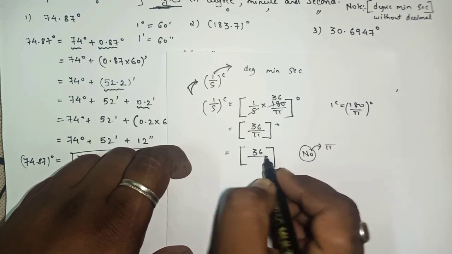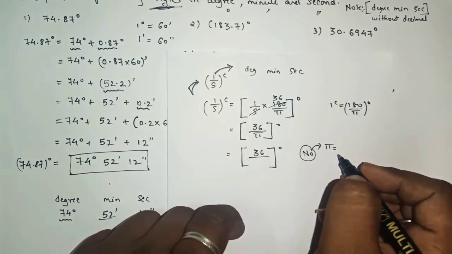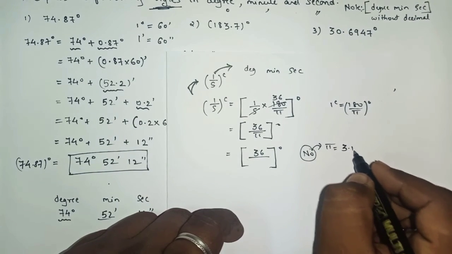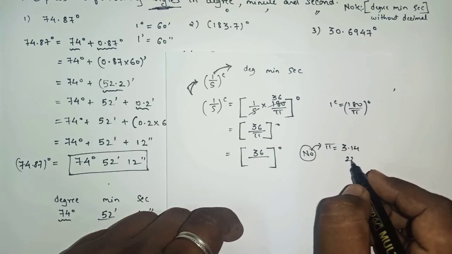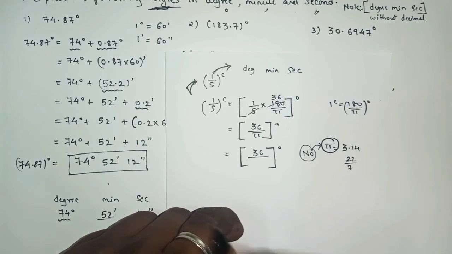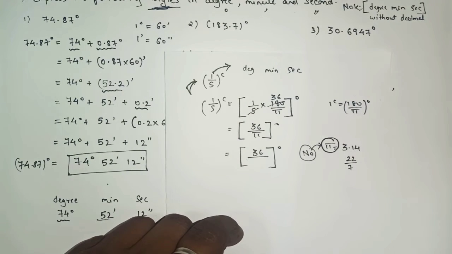We know that pi is an irrational number, a constant. Its value is 3.14 or 22 upon 7, because now we have to remove this pi. The complete answer should be a number only.